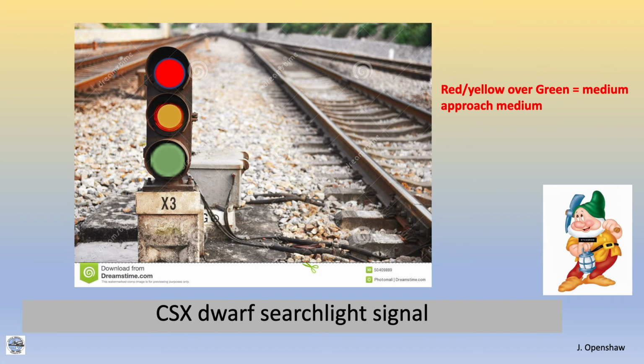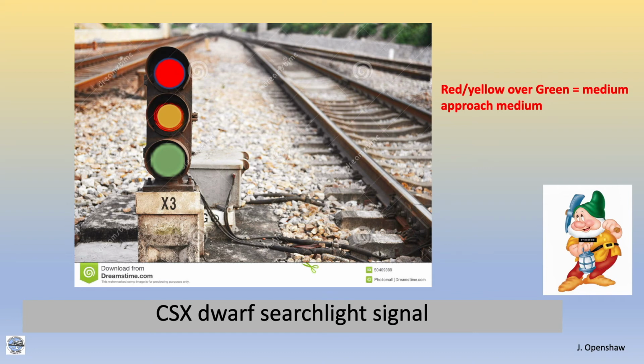Okay, when you go into a siding, sometimes you'll have the tall ones, sometimes you get the dwarf. And you see red over yellow over green, it's approach medium. You're not going to get anything green on the top because it's never going to happen in the siding, because of the track conditions in the siding.